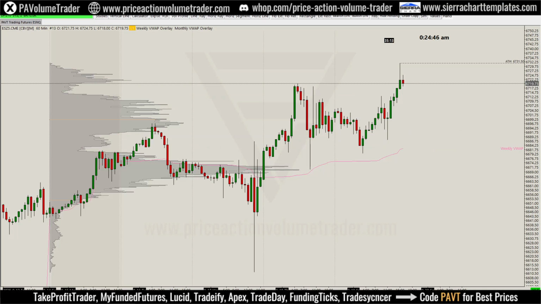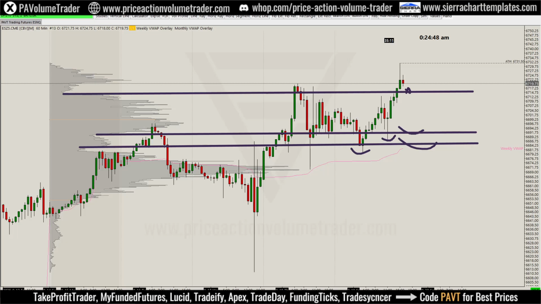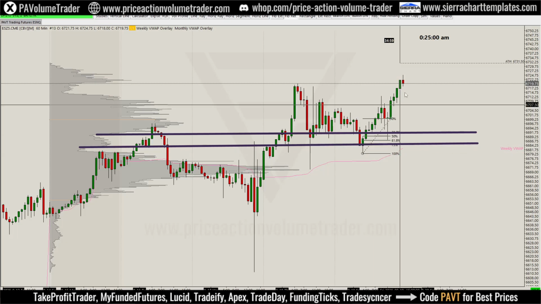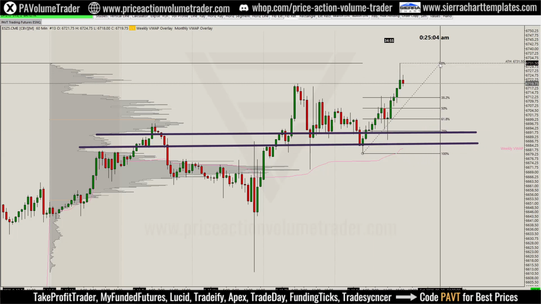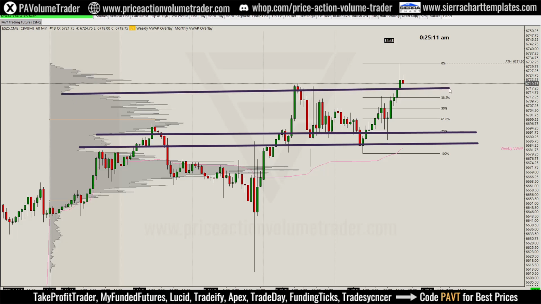Let me just erase this, but I'm gonna leave these two lines. So if we take a Fibonacci retracement from this rotation, from this low up to this high, you can see, if we would try to long a pullback here, it's not even into the 38%.